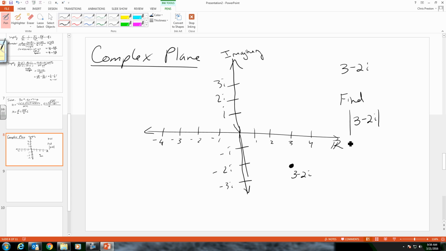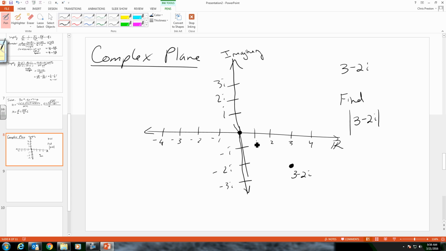And if you're thinking 3 plus 2i, no, that's not the absolute value. Absolute value doesn't make things positive. I know that's what it seems like. A lot of times that's not what it does. Instead, absolute value asks how big is the number, how far is it from 0? How far is this dot from the 0 plus 0i spot, the origin?